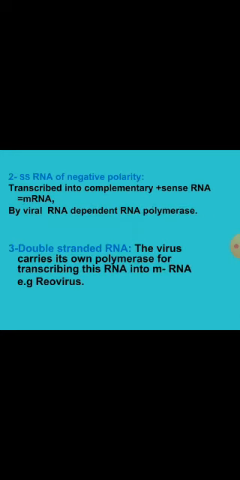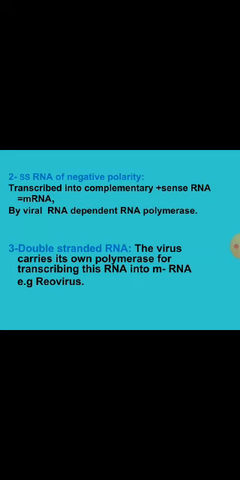In case of single-stranded RNA of negative polarity, the virus is required to transcribe their single-stranded RNA to its complementary positive sense RNA, which acts directly as a messenger RNA. This requires a special enzyme in the virus called RNA-dependent RNA polymerase.